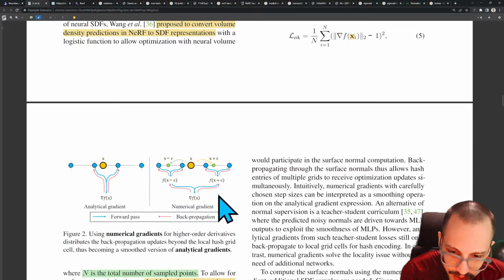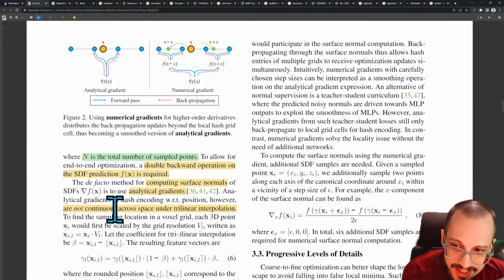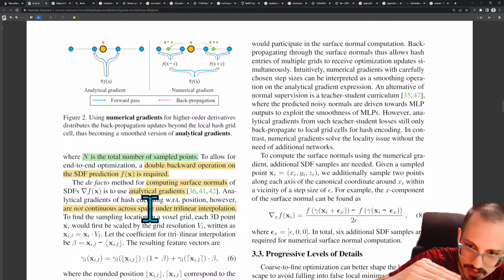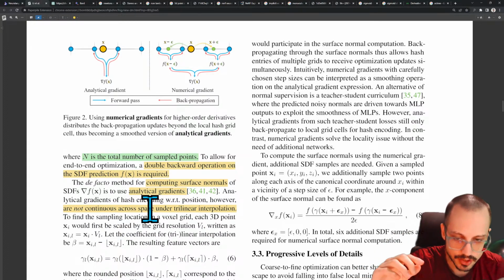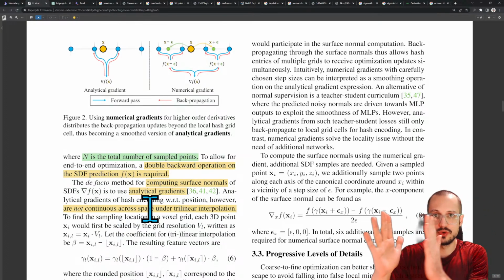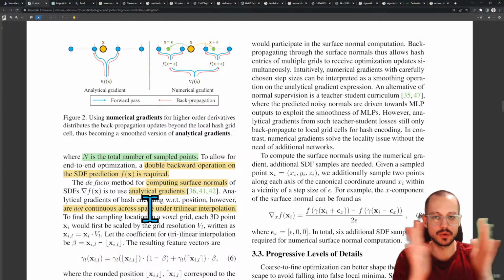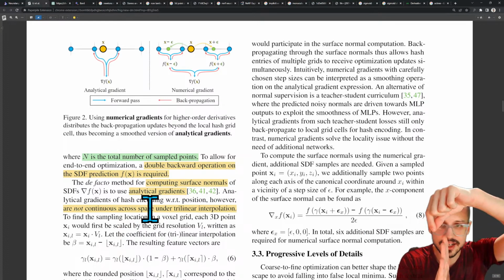So the problem is that whenever you do this interpolation, that is not going to be continuous. You can't get the derivative of that, because you're basically going to have a value, and then as soon as one of the values underneath changes, it's going to suddenly change, right? So let's say the coarse grid has two big squares.